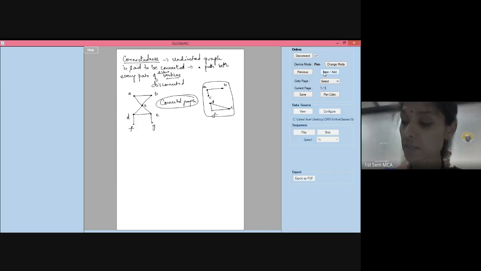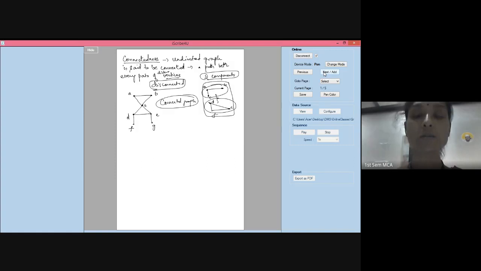There is a connection missing, perhaps between C and D. There is no path. Since there is no path between C and D, this graph has two separate components. This is one particular component. This is another particular component. Because there is no path between C and D, we call this graph disconnected.